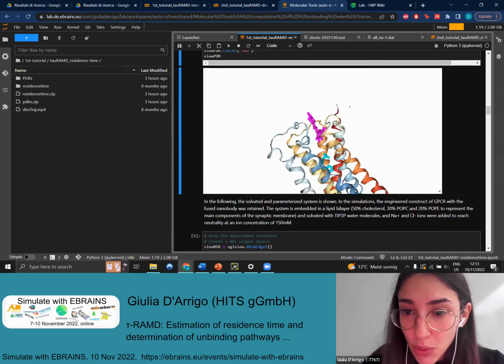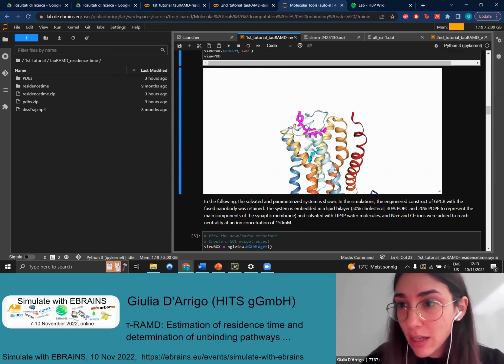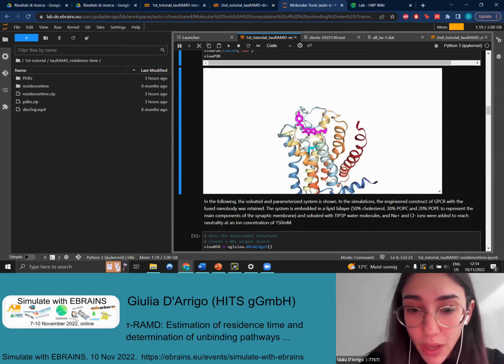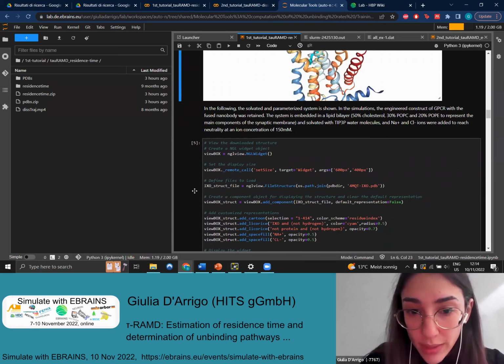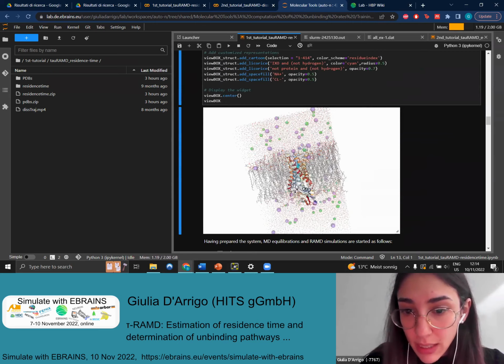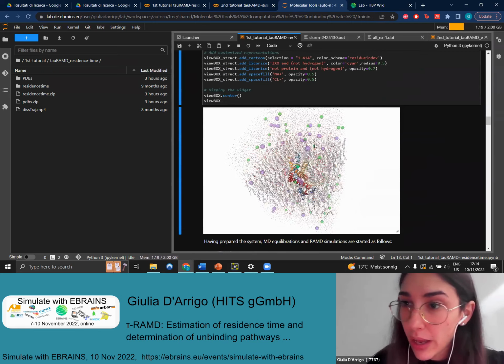This is a muscarinic receptor with the iperoxo ligand in cyan and the positive allosteric modulator in magenta. With the second cell, you will see the overall system that we have simulated.